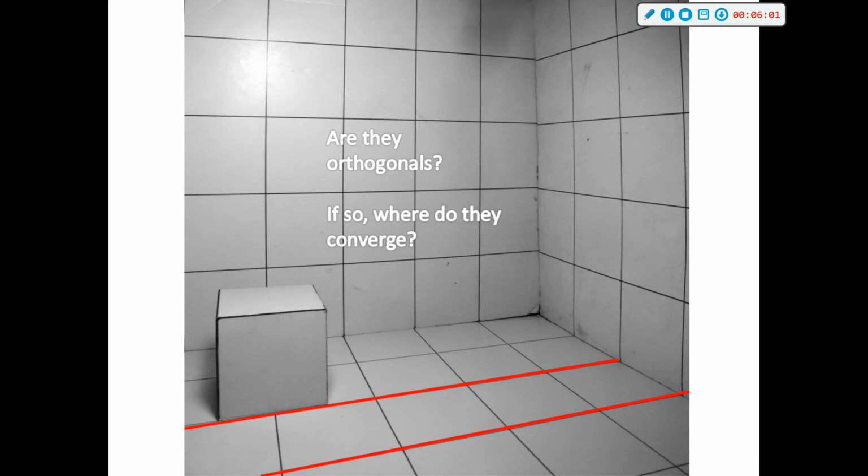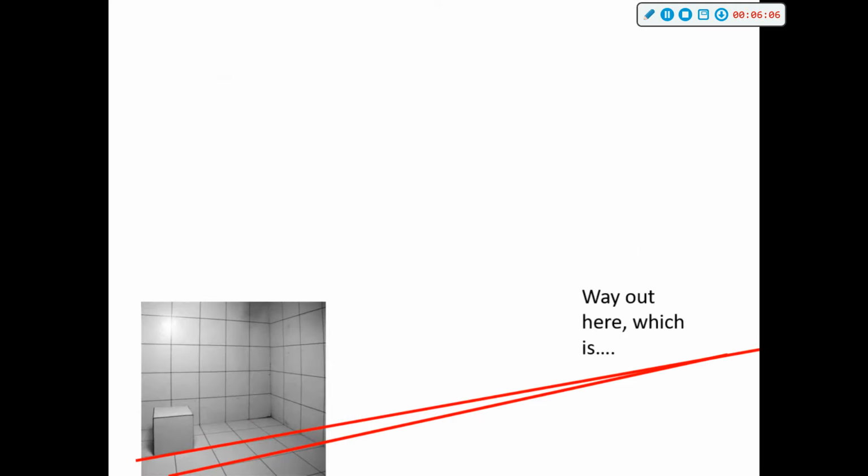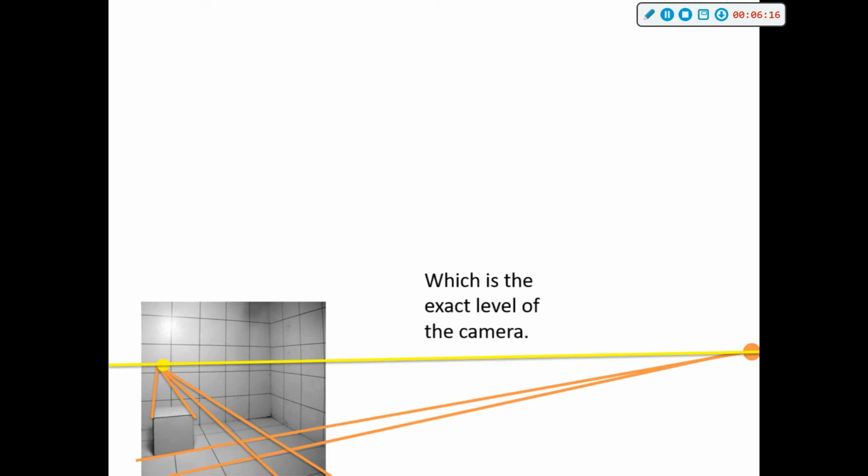And these are converging way off to the right and way out there, which would happen to be the same level as our first vanishing point, which also happens to be the same level as the camera, or what we would typically call eye level.